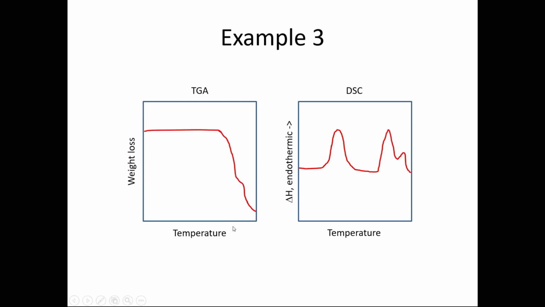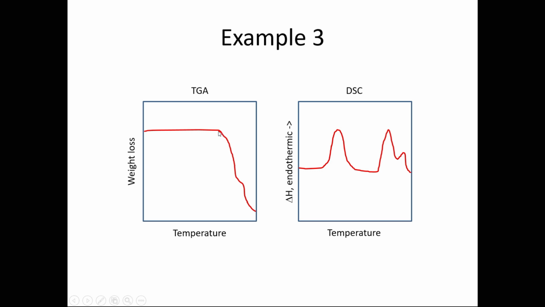Third example. In the third example, we could see that the sample is thermally stable within this temperature range, and then from this temperature it starts losing weight, but the weight loss is going through several stages that are not fully clearly visible.